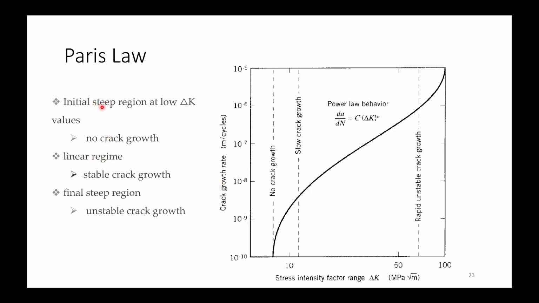So the initial steep region is there at low delta K values where no crack growth is there. Then a linear region is there, which is stable crack growth. Then the final steep region, which is after this linear part, is unstable crack growth.